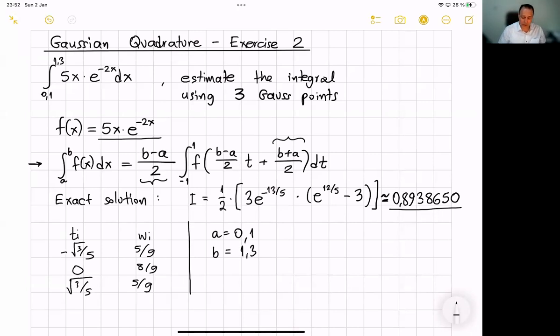These are the bounds of the interval from 0.1 to 1.3. And as a result, b minus a divided by 2 is 0.6, while b plus a divided by 2 is 0.7. Now I am able to do the transformation.